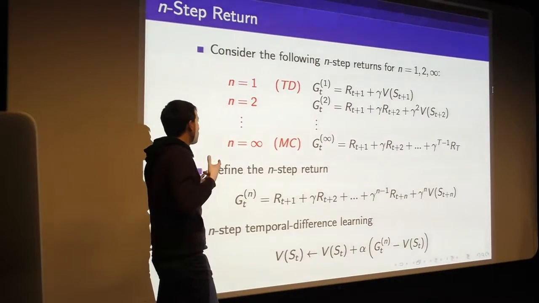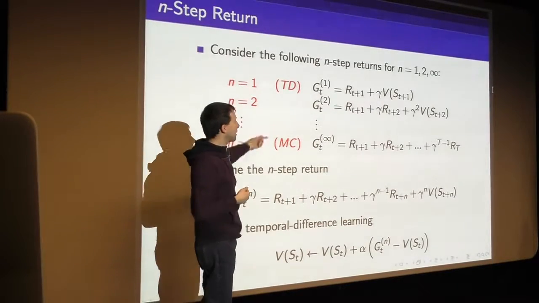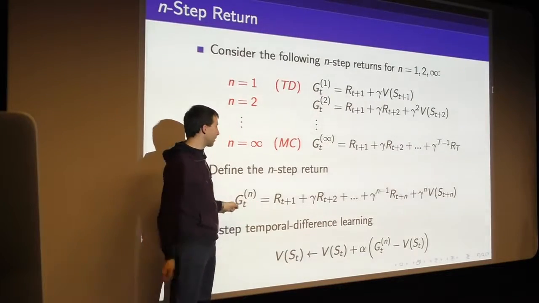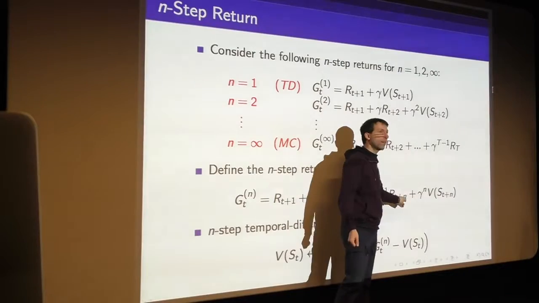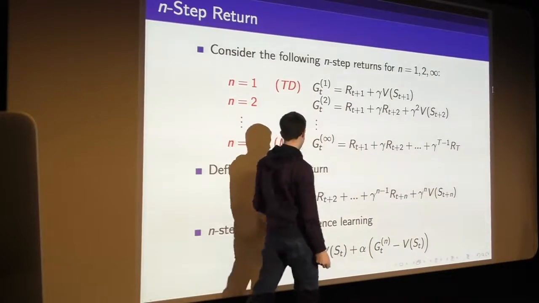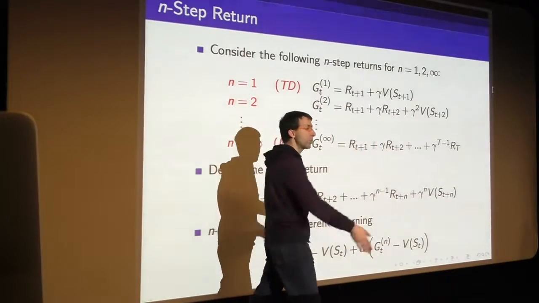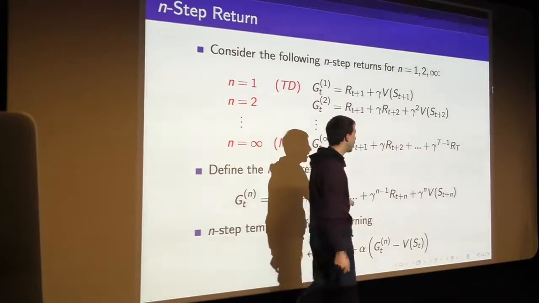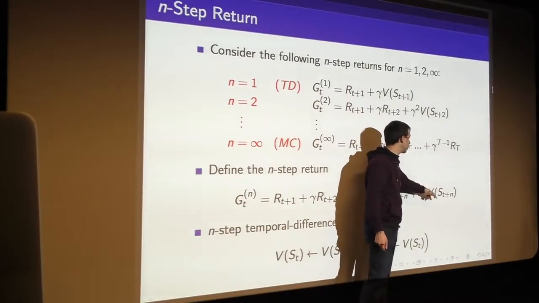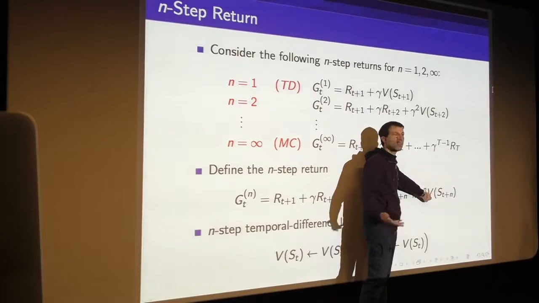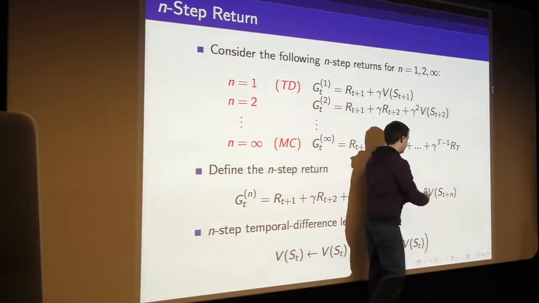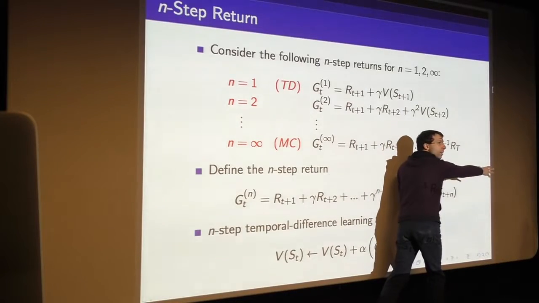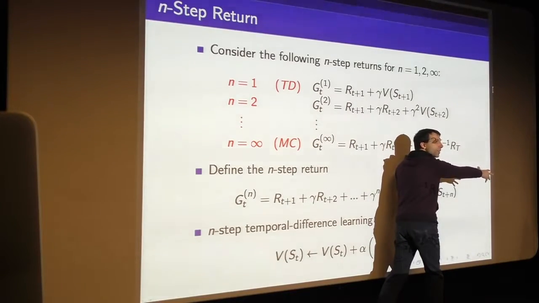And so now we can generalize this for any n. The n-step return tells us we're going to take n steps of real reward by really interacting with the environment. So these are just random quantities that depend on our particular trajectory of where we ended up over n steps. And then after n steps, we can use our estimated value, our current value function, in the state that we end up in after n steps, as a proxy for all of the rewards that we haven't observed from that point onwards.